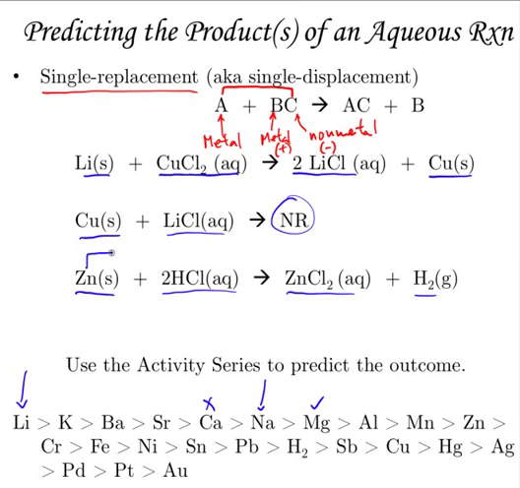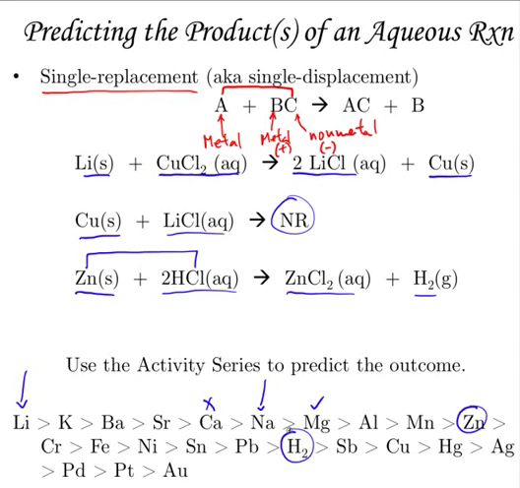So essentially zinc has come in and knocked out hydrogen. Let's go ahead and see if we can find hydrogen on this activity series. Well, we know that zinc is going to be right here, and right below it is going to be H2.